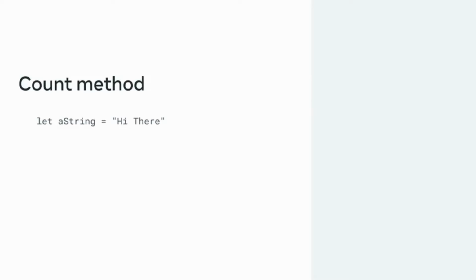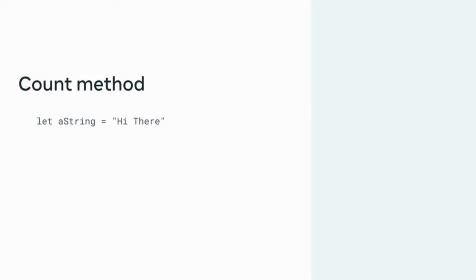Another popular use of methods with strings is counting the number of characters in a string. This can be performed using the count method. Once again, you will learn more about the count method later. For now, just focus on how the count method returns the number of characters in a string. For example, suppose you create a variable named aString and assign it a string value of "hi there".